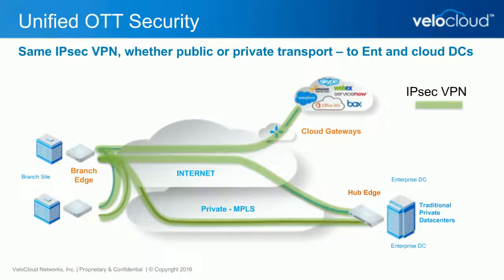So moving on to simpler services, we're often asked, if I incorporate internet into a hybrid WAN, is it secure? Basically, all the SD-WAN solutions will achieve this with standard IPsec encryption end-to-end.